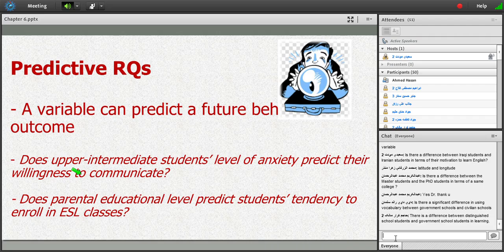Or another example of a predictive research question: does parental educational level, it means the educational level of the father and mother, predict the students' tendency to enroll in EFL classes? So the independent variable is parental educational level. The dependent variable here is the student's tendency, willingness, motivation to enroll, to register in EFL classes.